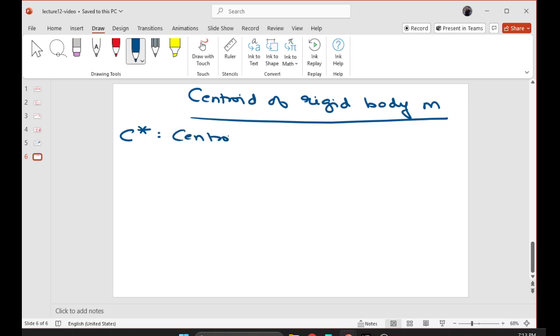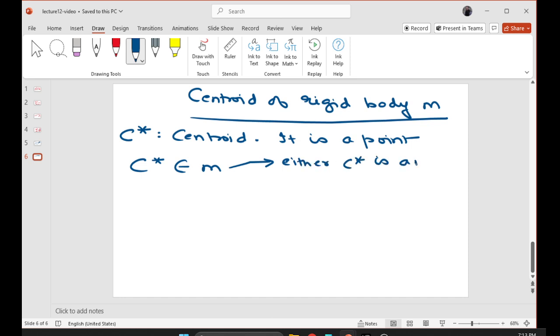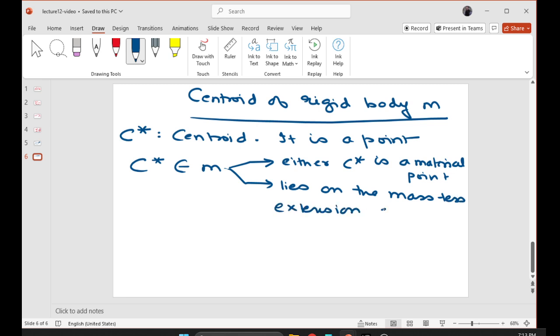This is also a point, and that point will again be part of M, which means either C star is a material point or C star lies on the massless extension of M.